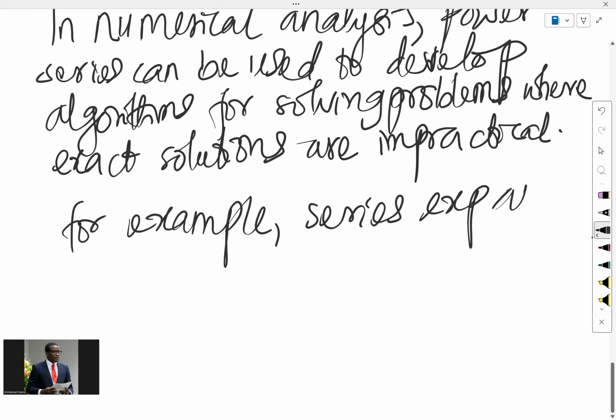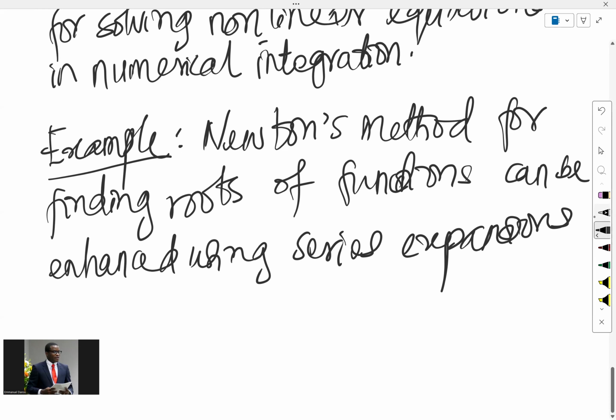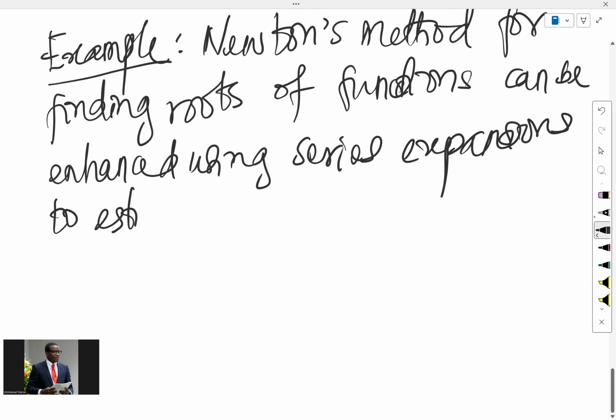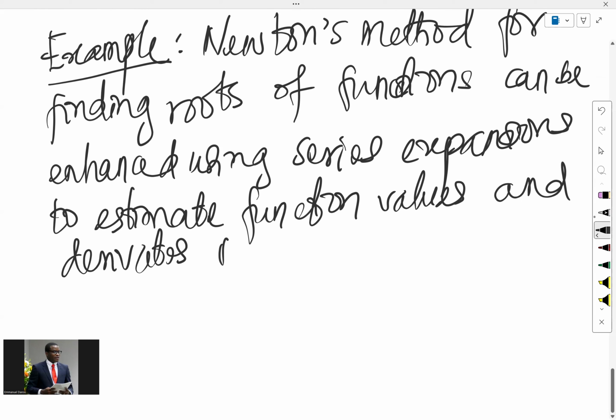Newton's method for finding roots of functions can be enhanced using series expansions to estimate function values and derivatives more accurately.